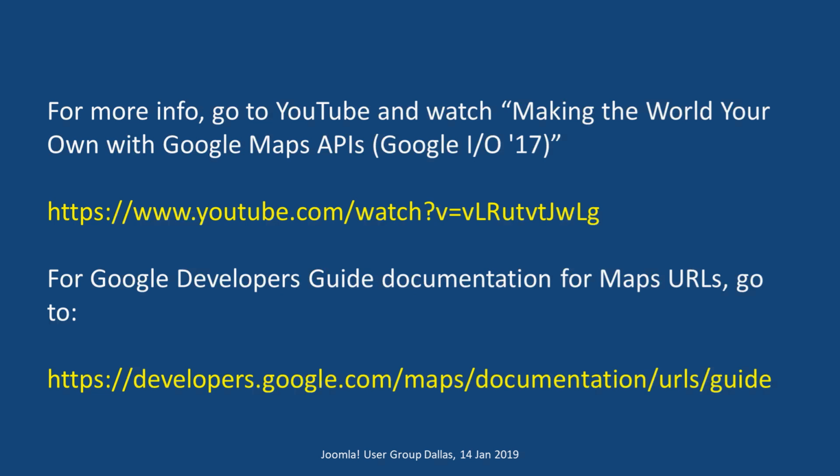If you want to just watch the Maps URL part, call up the video and go to timestamp about 3 minutes 45 seconds in, and it lasts about 10 minutes. Also, to get a full list of parameters for the different types of calls you can make to that free API, go to the second link, and they've got very easy documentation.